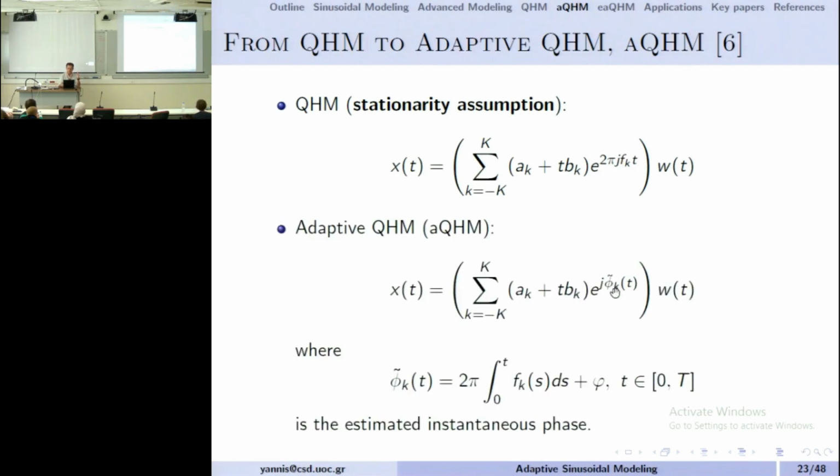So we can think of making this variable. And then the phase depends on the frequencies. Obviously, it is the integral of the frequencies. So if these frequencies come from time-varying information of the signal that you want to model, then these functions are actually adaptive to the signal that you analyze. That is how we go from the general quasi-harmonic model to the adaptive one.